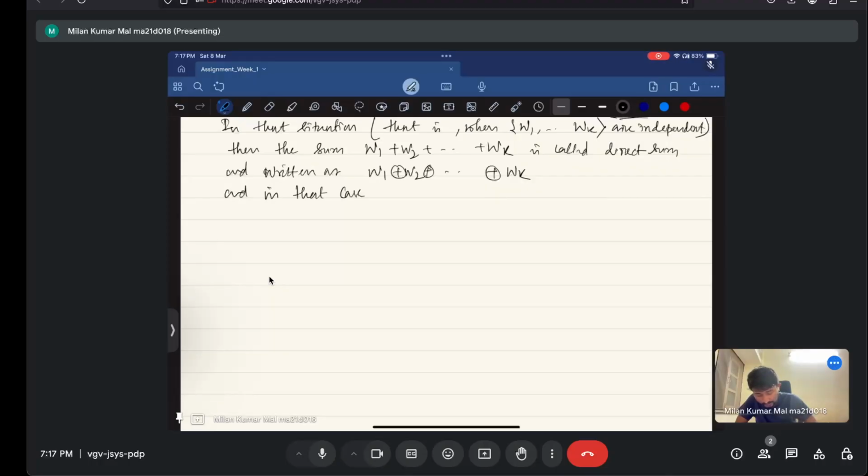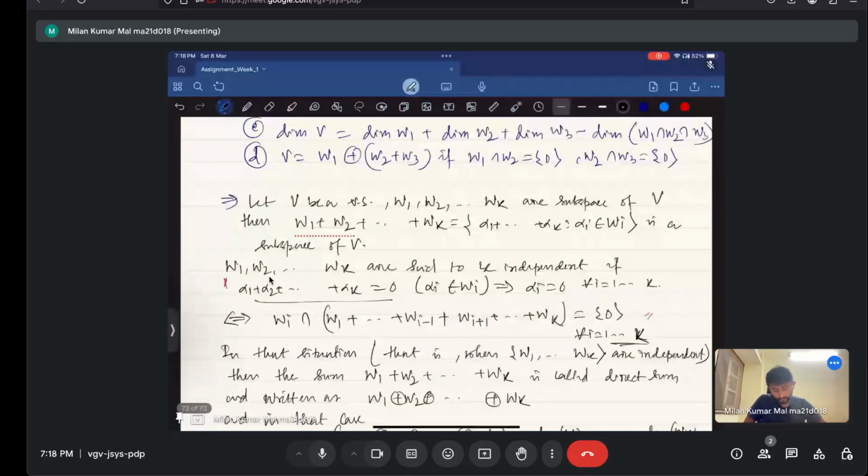In that case, dimension of W1 direct sum W2 all the way direct sum Wk is equal to dimension of W1 plus all the way dimension of Wk. This is the case. So let's get back to the problem.